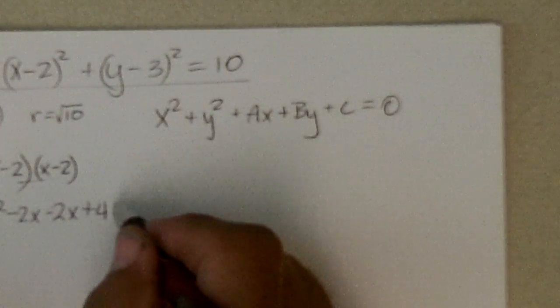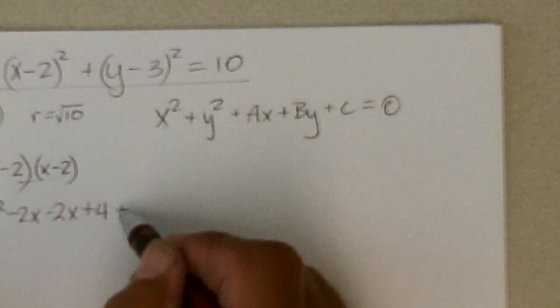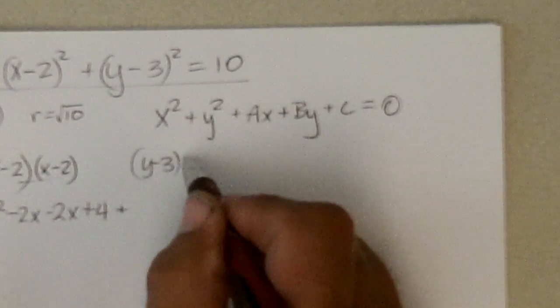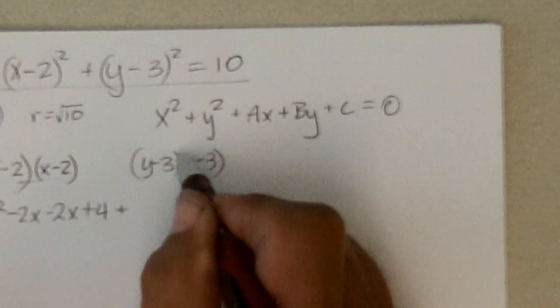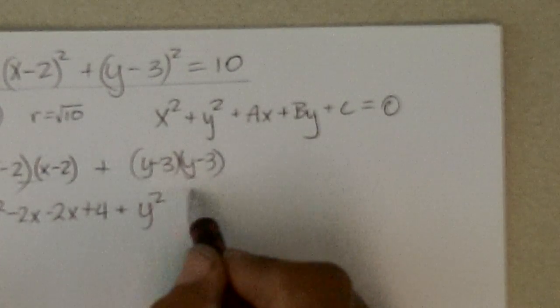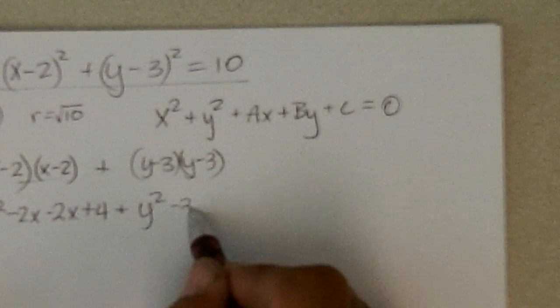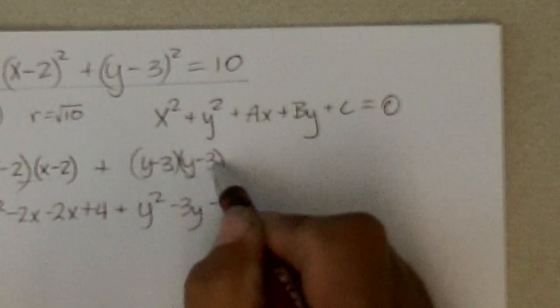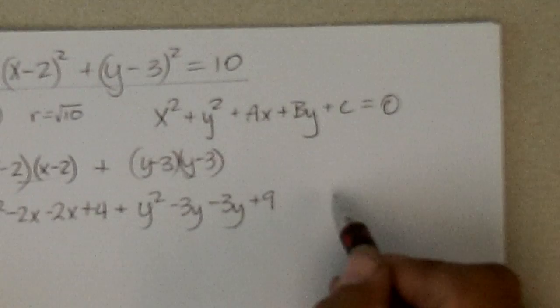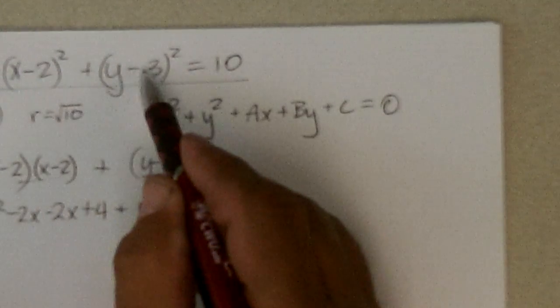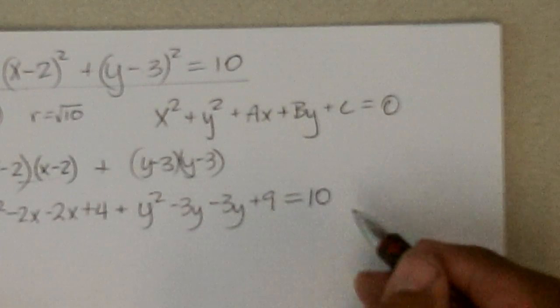And when I square this, plus here for that, I got y minus 3 times y minus 3, and that would be y squared minus 3y minus 3y plus 9, equals, so I squared that, and I got 10.